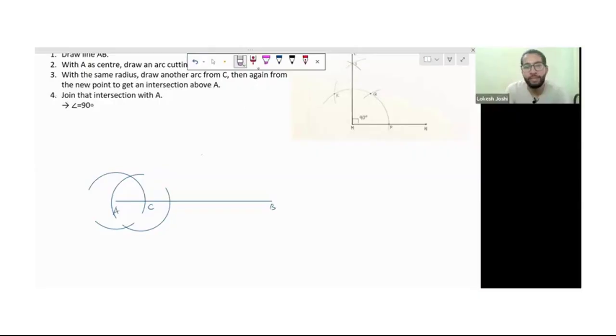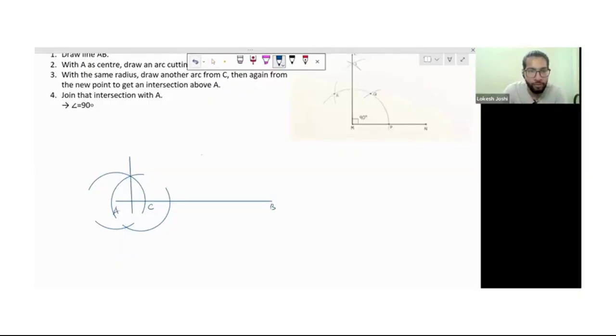Now there is a way you can do this: simply join these two lines. If you join them such that they intersect at these two points, then this angle will be 90 degree. But the problem is that it will not pass through A. So for the line to pass through A, we have to do one more thing.